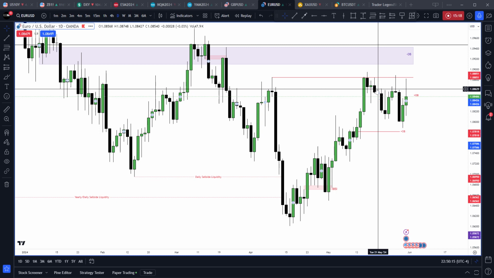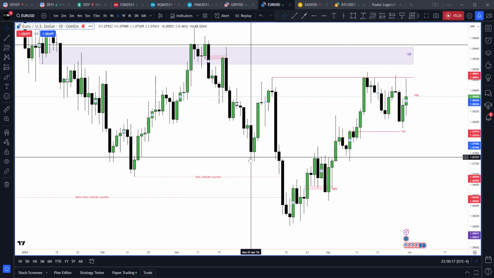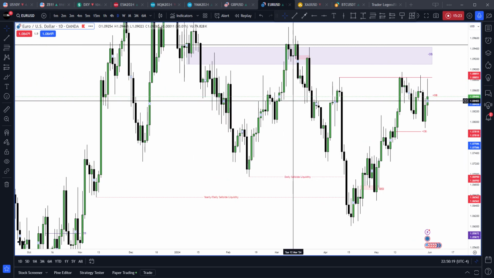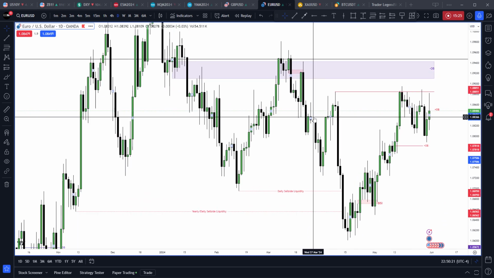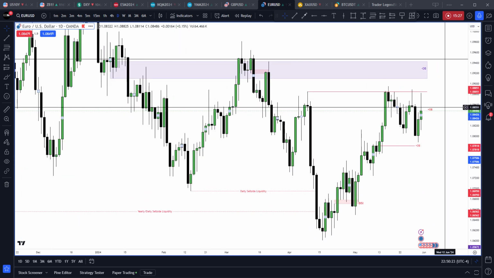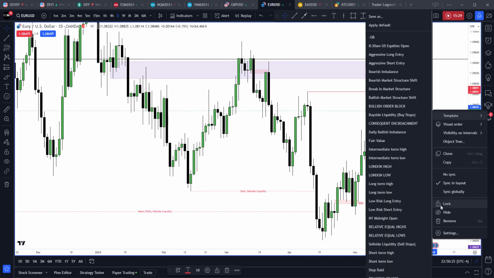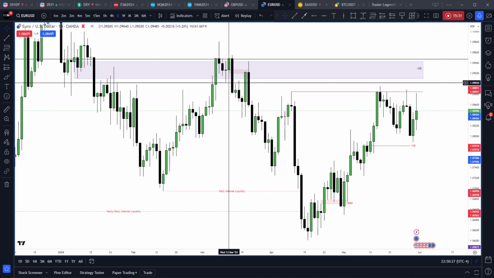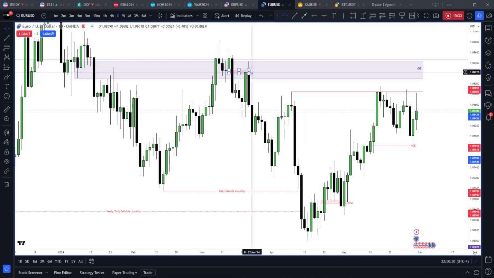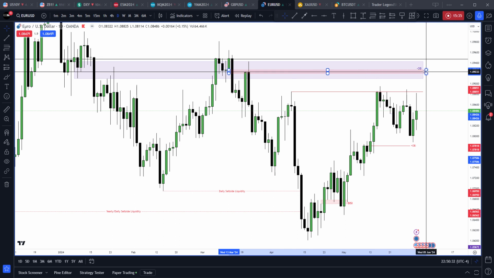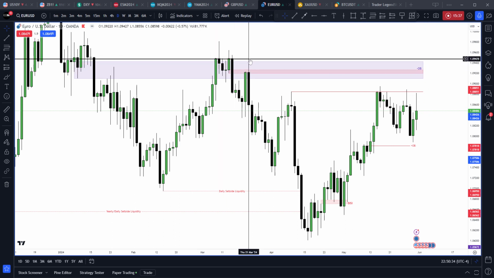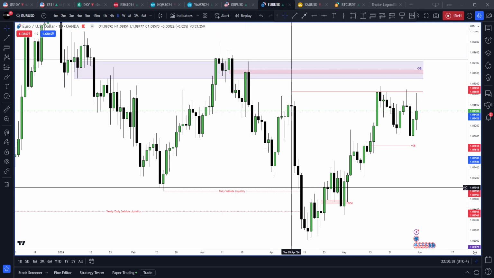There we go. So we've got buy stops there. Order block there. Up, close candle within the bunch before the sell off.